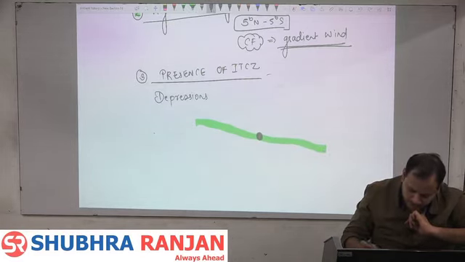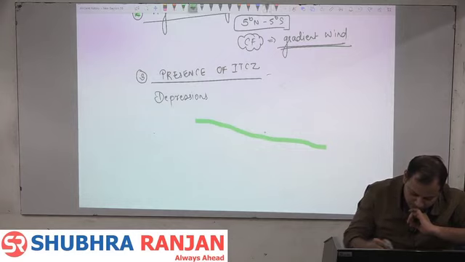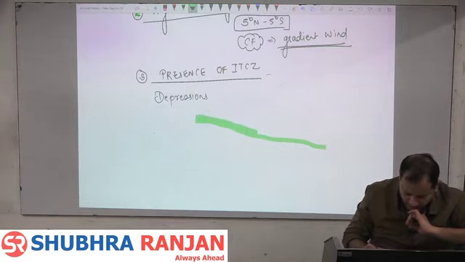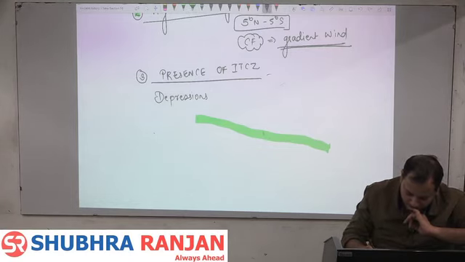Hence, in the regions of cold ocean currents, the intertropical convergence zone does not shift.